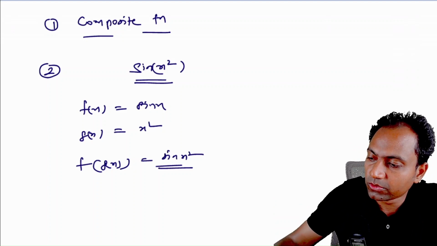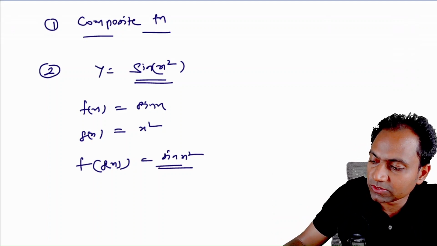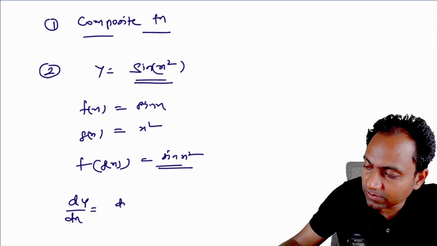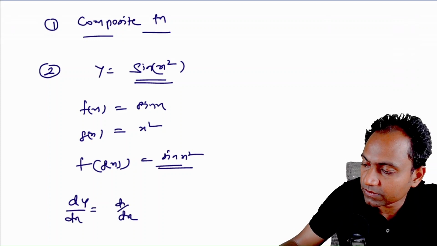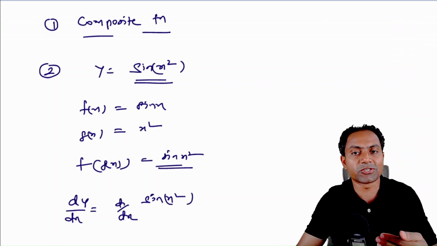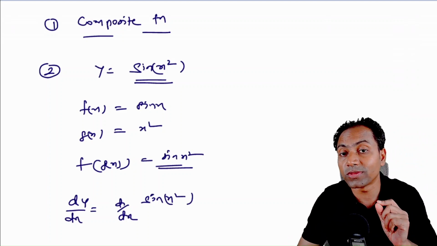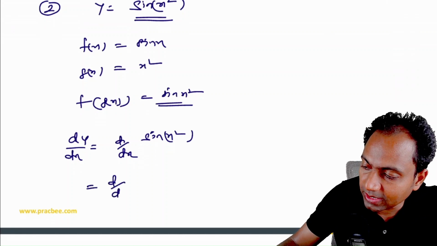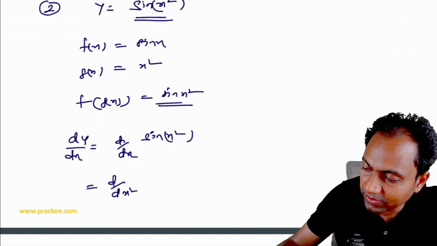If I want to differentiate this function, dy by dx can be written as d by dx of sine of x square. Now see, we know the differentiation of sine x, but we don't know that for sine of x square. So the trick lies in understanding that we will multiply and divide by d of x square.